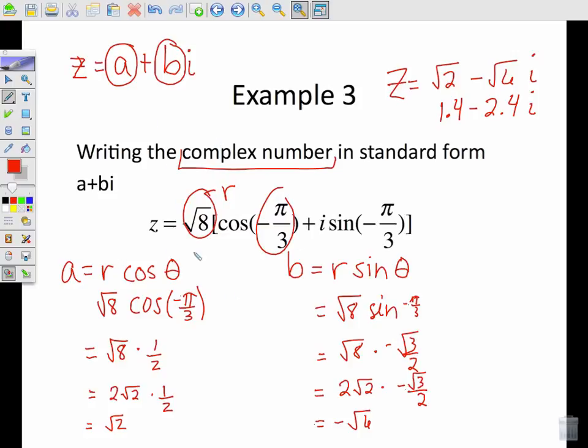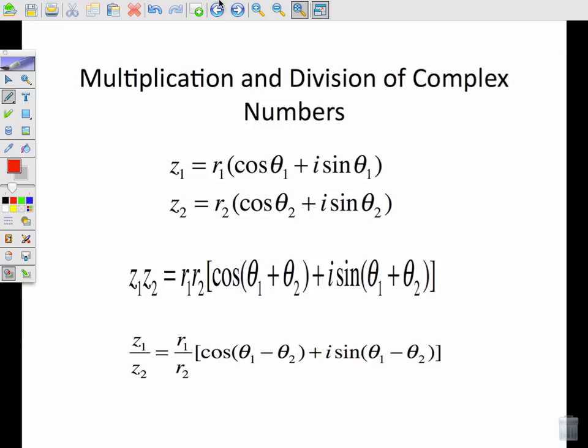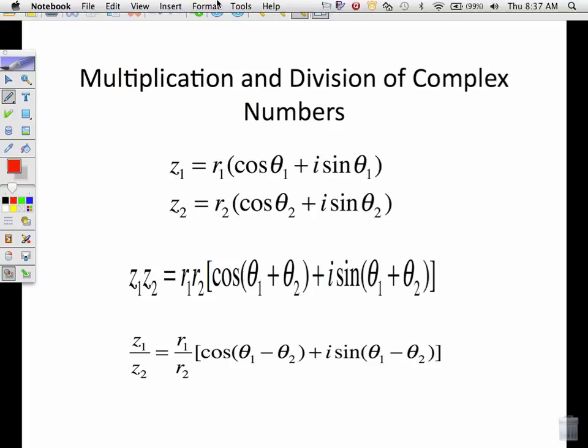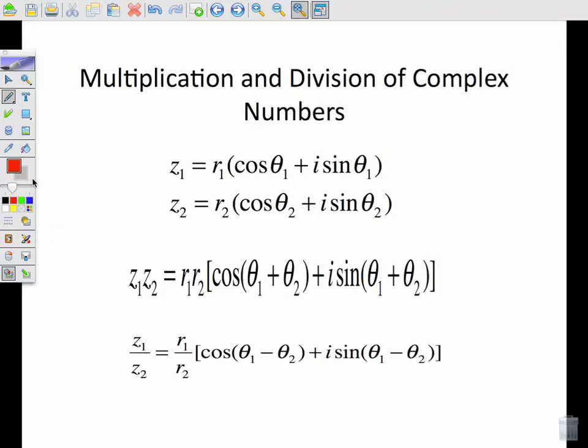So that's going from trig form back to complex form. You just have to substitute the angle and the r value in. All right, the next thing that we're going to do is look at how you multiply and divide complex numbers. So let's first look at the formulas.